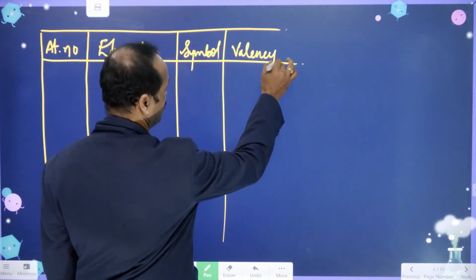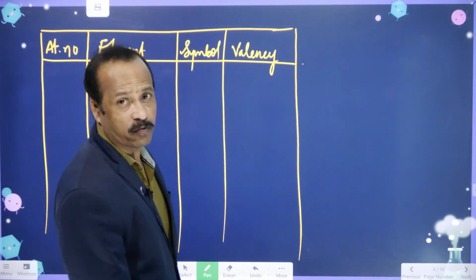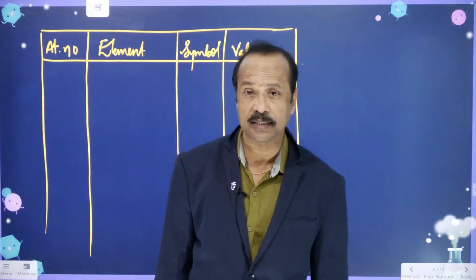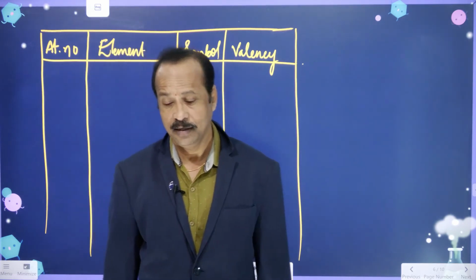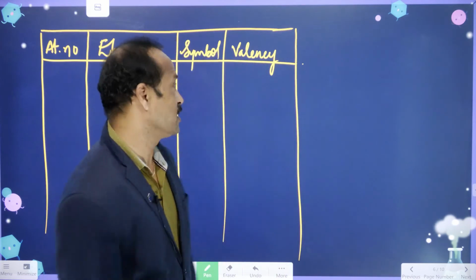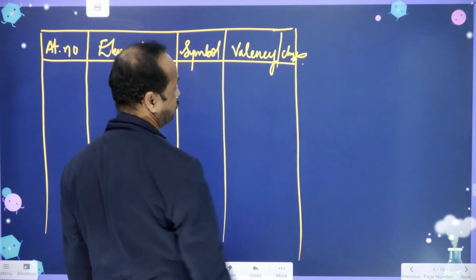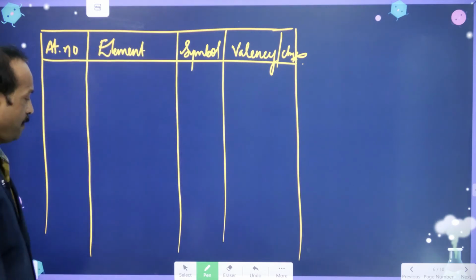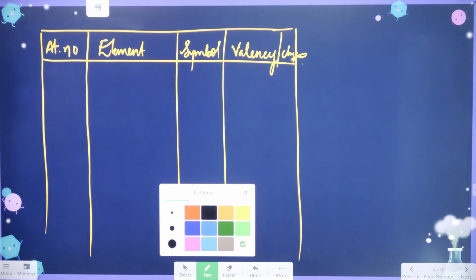What is valency? You already learnt it in lower classes, in 7th or 8th. Valency means the combining capacity of an atom or element, right? So here valency comes with a charge. Make the columns: atomic number, element, symbol, valency.